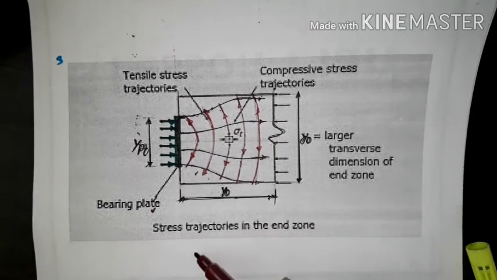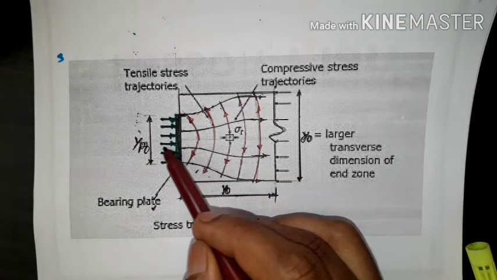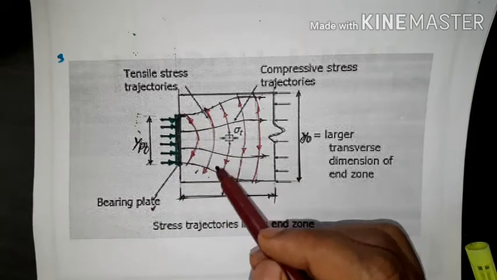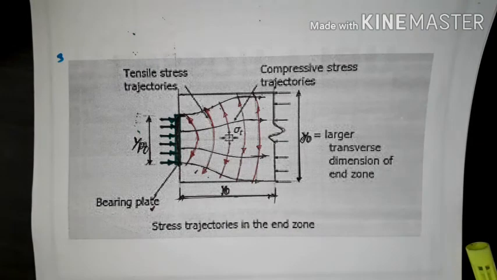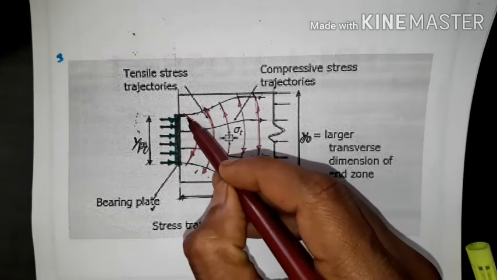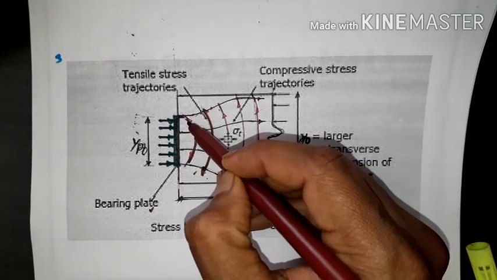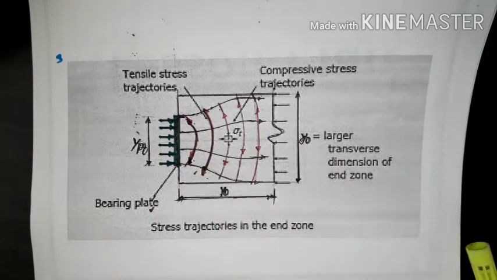So because of this, when the force is applied at the end, that force will try to develop tensile stresses in the end block, in the concrete. And we know that when tensile stresses are developed like this, they try to elongate and pull out the concrete.